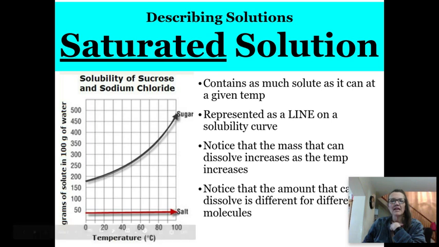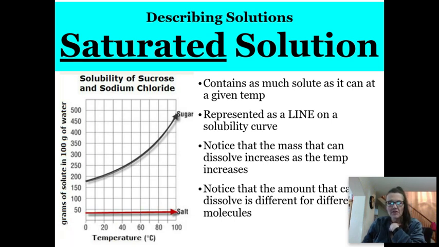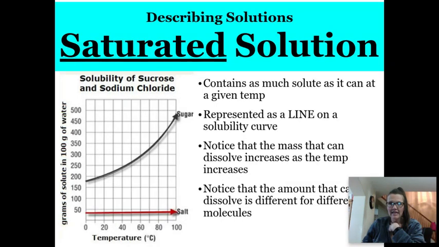I also want you to notice that there are different curves for different amounts of solute that can be dissolved. So the identity of a solute does help you understand how much can be dissolved into a solution. A saturated solution is any solution that contains as much solute as it possibly can at a given temperature.